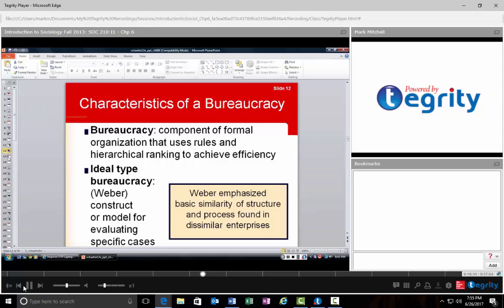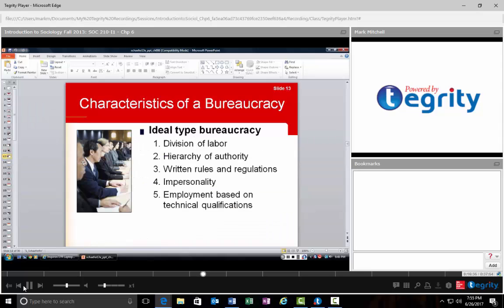All right, our next slide lists the characteristics, and the succeeding ones take them one by one and describe them a little bit better. So here we go. We've got all 5 listed here: a division of labor, the hierarchy I mentioned a minute ago, and written rules and regulations. That's a big one.